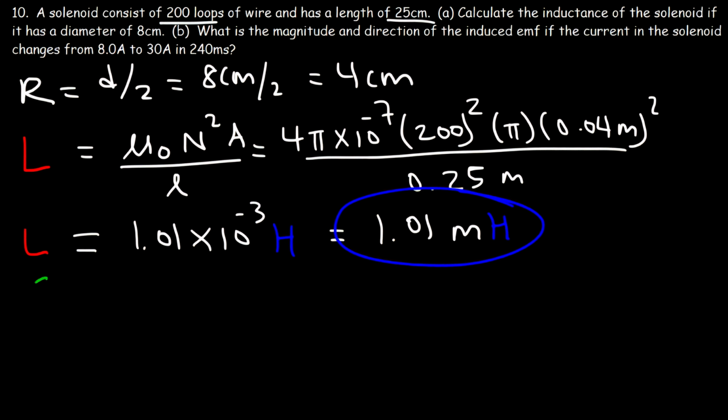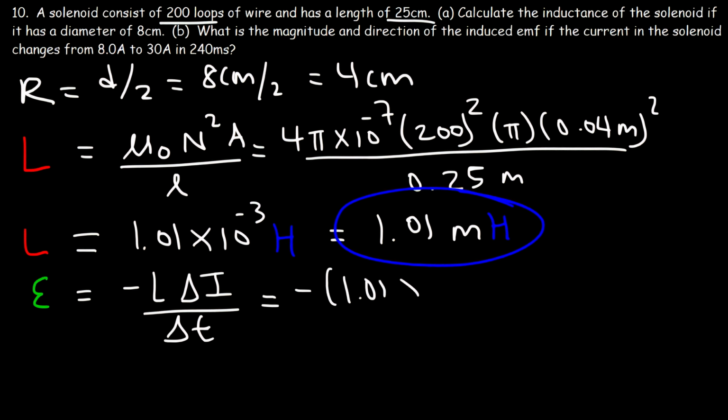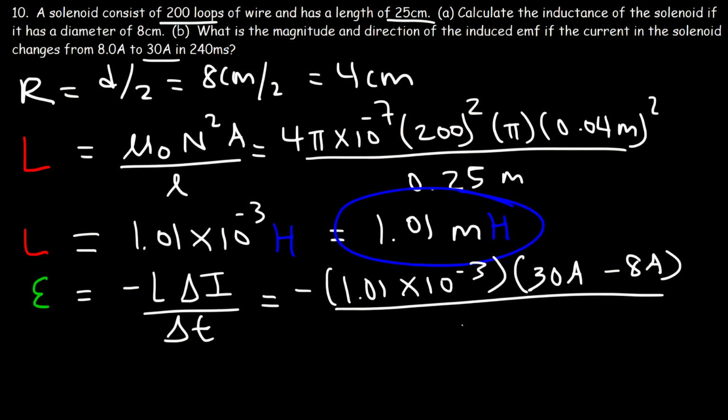Now let's calculate the induced EMF. This is equal to negative L times the change in current divided by the change in time. So we have the value of L. It's 1.01 times 10 to the minus 3 henries. The change in current: the final current is 30 minus the initial current of 8, divided by delta t. 240 milliseconds is 0.24 seconds.